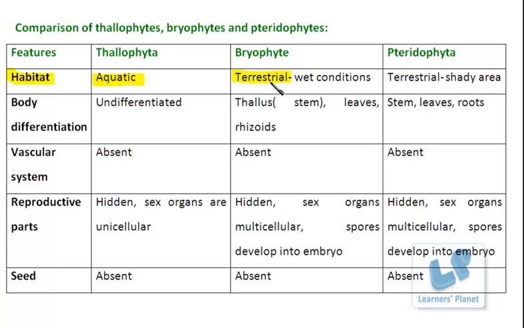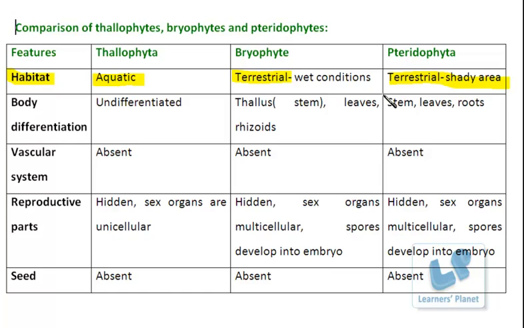They may belong to the group Bryophyta. So basically, such plants are found in places where wet conditions are present. Further, the pteridophyta. These pteridophytes are of course terrestrial, and they are found in shady areas, right?